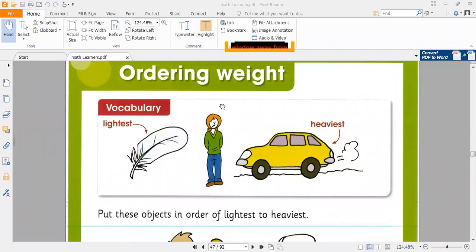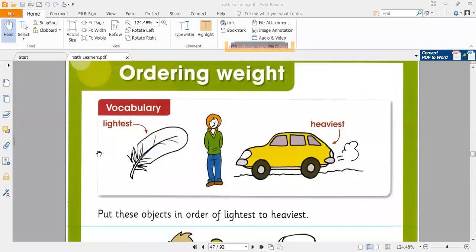But here in math, we are talking about one thing, and so in the end we put EST. Superlative form means nothing is lighter than a feather, and nothing is heavier than a car. So we put est in the end.